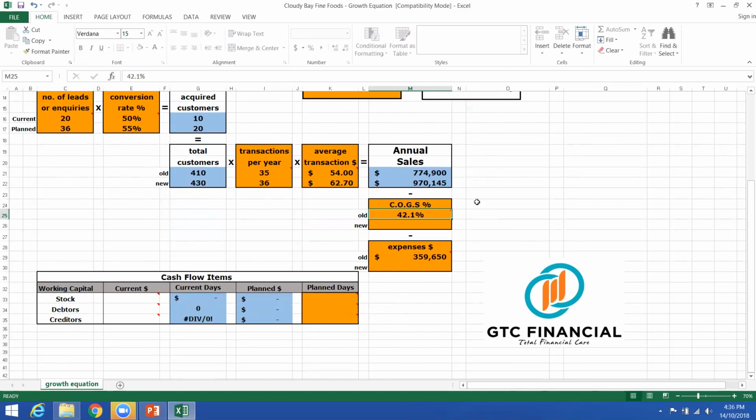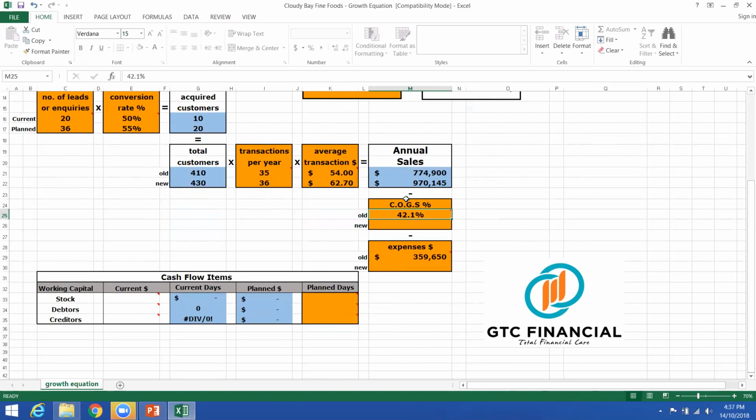Now we know her price increase will help a lot. And the reason we know that is because increasing your prices will not increase the cost of your inputs. So therefore, the higher the price goes, the lower the cost of sales will be. So that's going to help a lot.